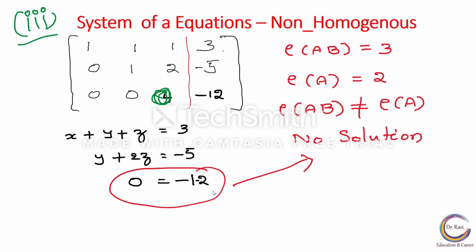That means the system does not have any solution. Okay. So when we talk about a non-homogeneous system of equations, we talk about three types of solutions. One is the unique solution, the other is infinitely many solutions, and the third is that there is no solution for the given system.